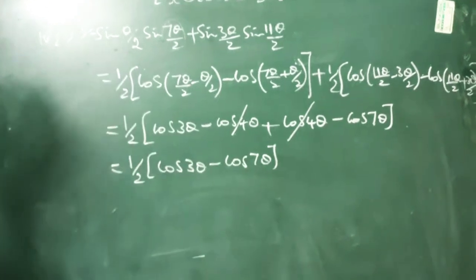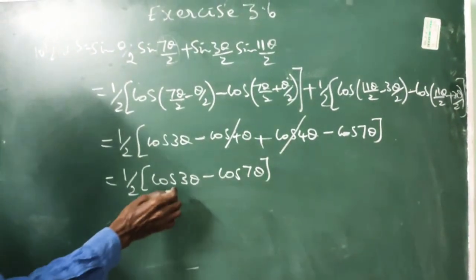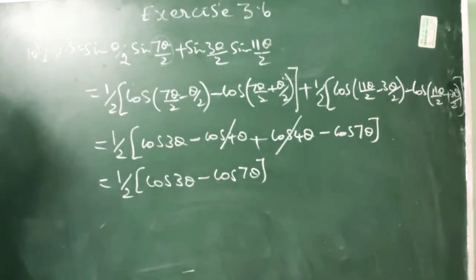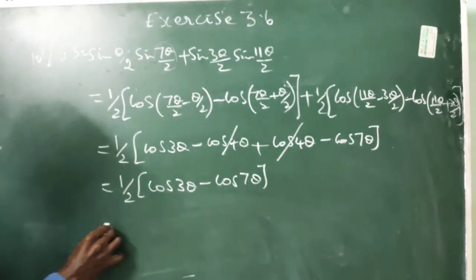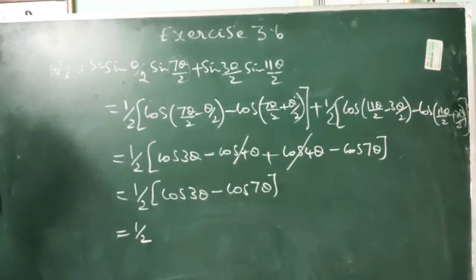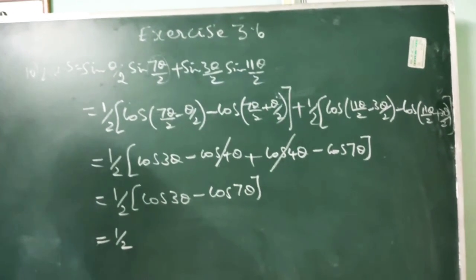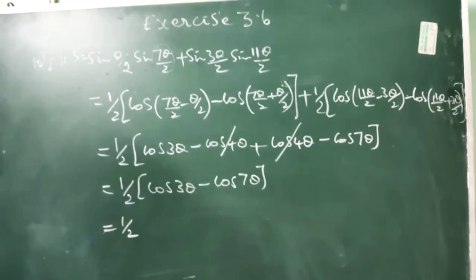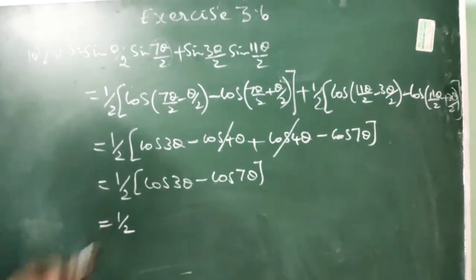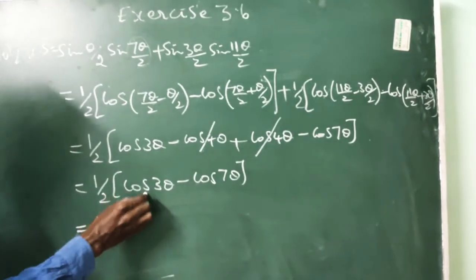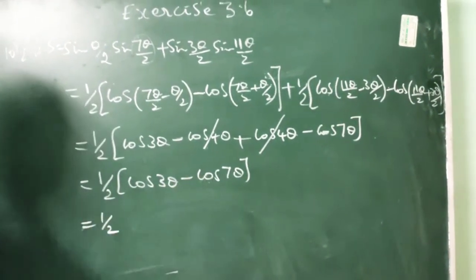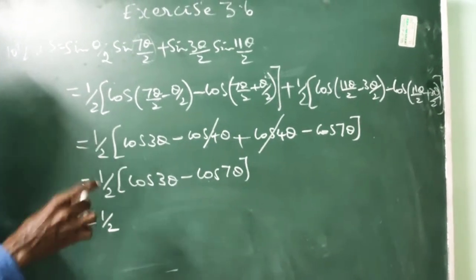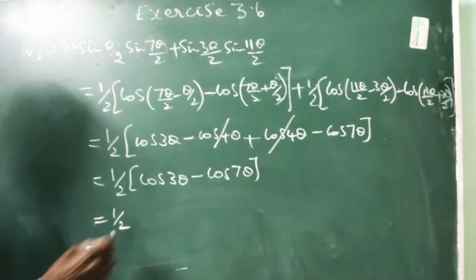So again it is of the form cos C minus cos D. Just recall the formula. Cos C minus cos D equals 2 sin((C plus D)/2) into sin((D minus C)/2). Once again, cos C minus cos D equals 2 sin((C plus D)/2) into sin((D minus C)/2).